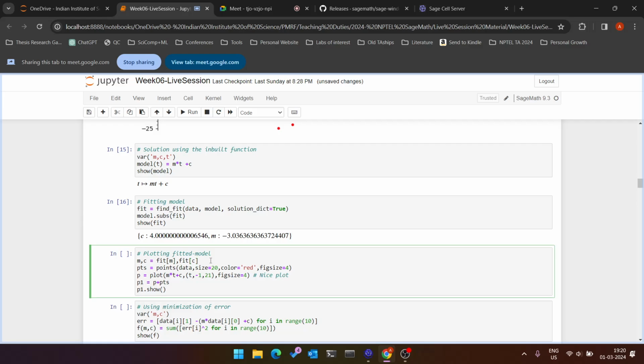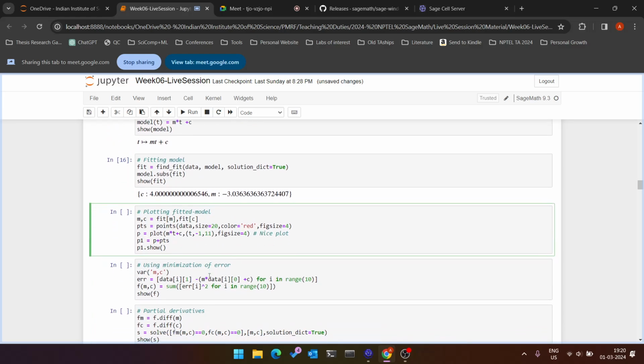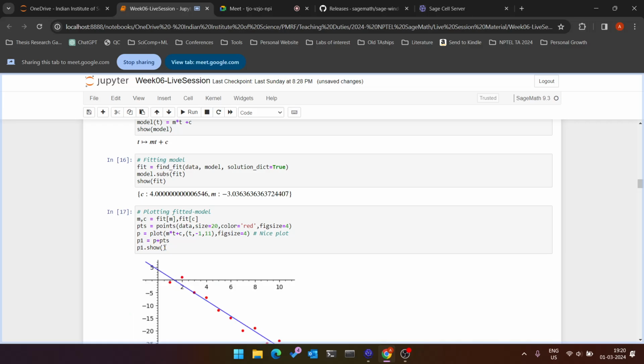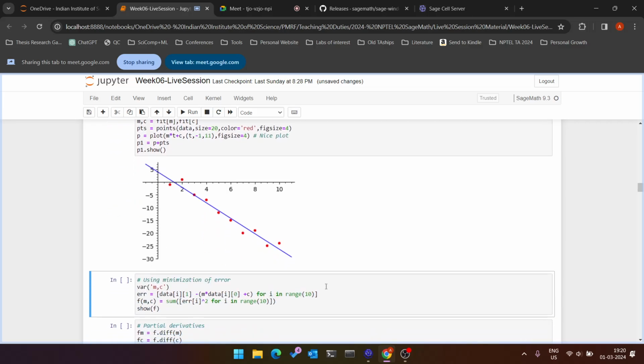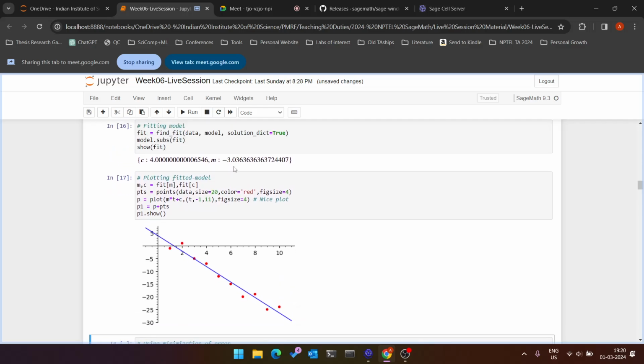We plot M into T plus C, where T goes through a different range. And with this in mind, if I run this function, this is what I obtain. So it seems like our data points do follow a linear trend line, which is given in the form of y is equal to minus 3.03x plus 4.